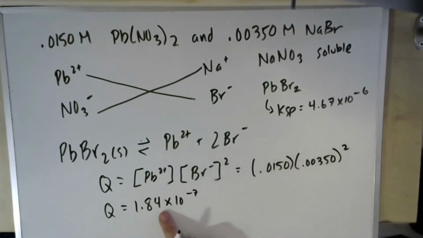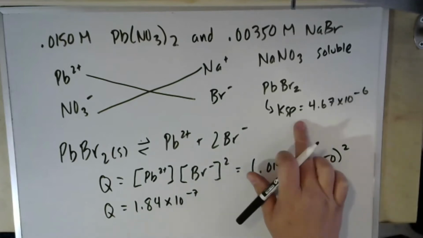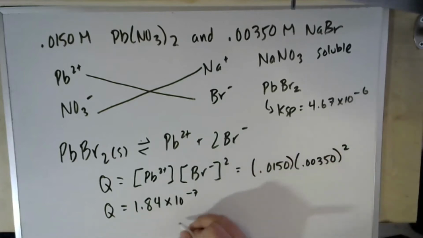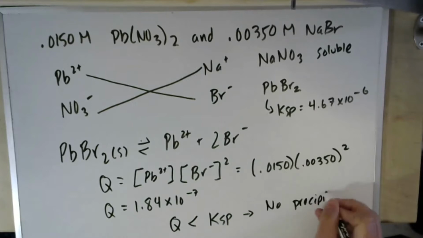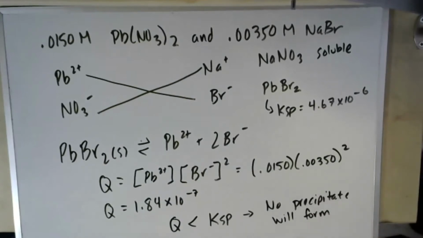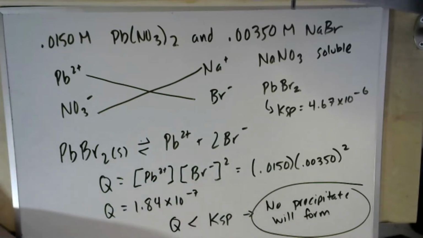So now we're going to compare our Q value to our KSP. And if our Q value is less than KSP, no precipitate will form. Okay, so we're going to need a higher concentration of ions to get that precipitate to form.